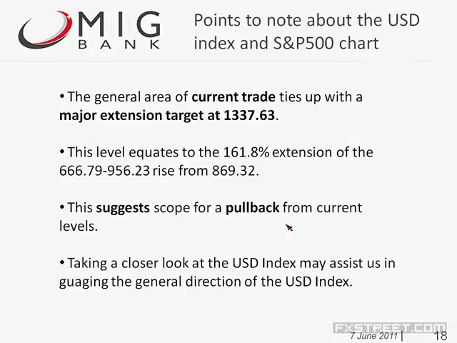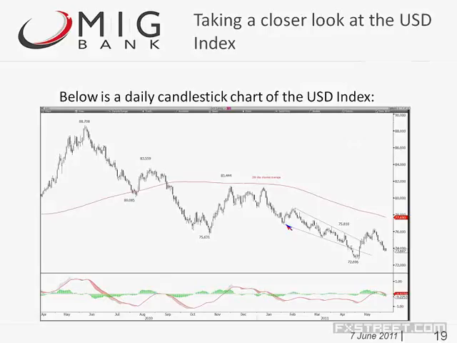So the next thing that we'd like to look at is the dollar index, just to see if we can gauge where the dollar index might be going. What we're looking at here is a daily candlestick chart of the dollar index. The main thing to note here is this falling wedge that I've highlighted in the lower right hand corner.